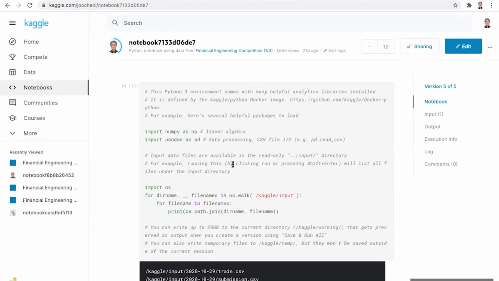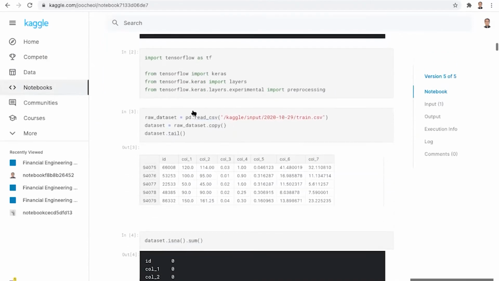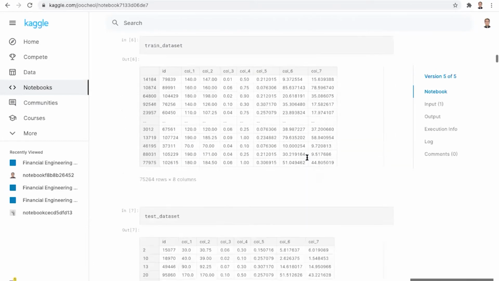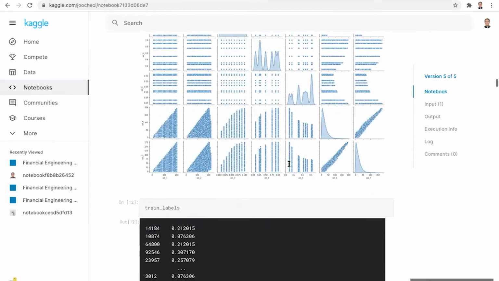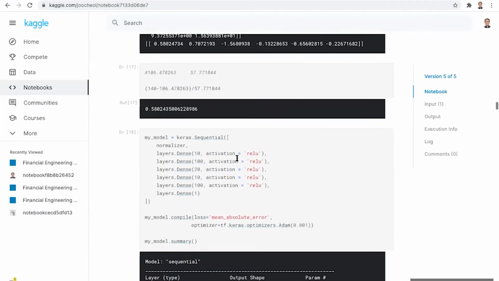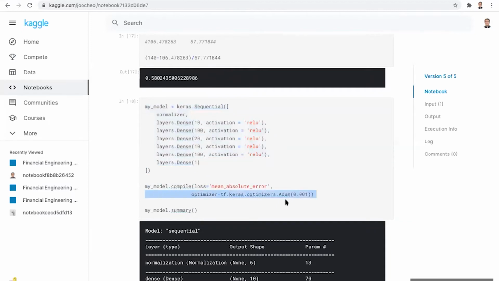So this is the public notebook that I uploaded, and everything is what we did. And the point is that you make a model. In the second competition, we use not the sequential, we use model. First you make a model, and then you need to compile it by providing two pieces of information.